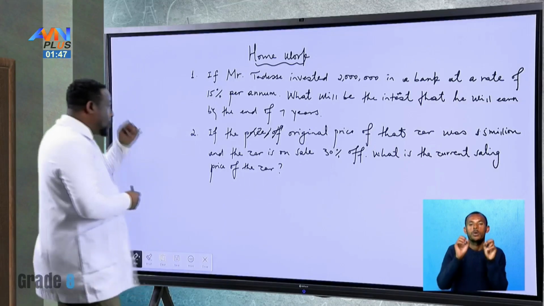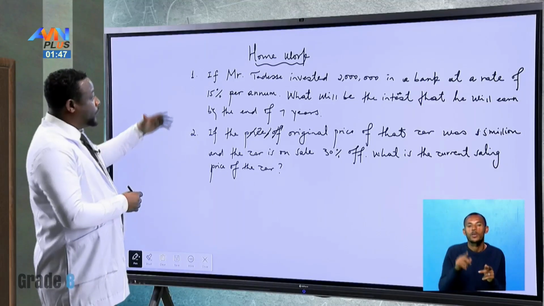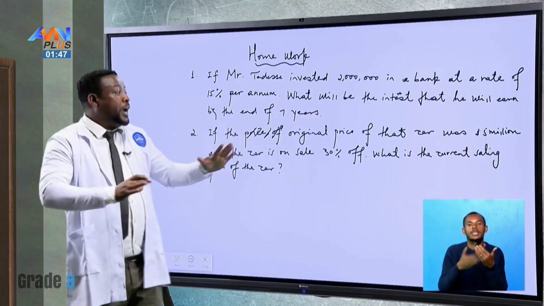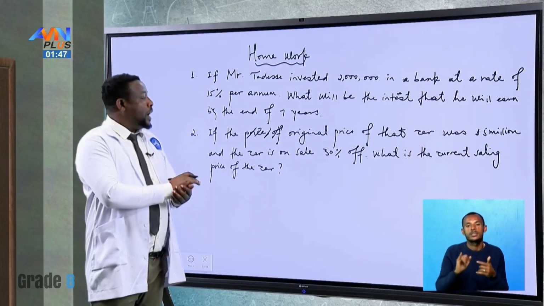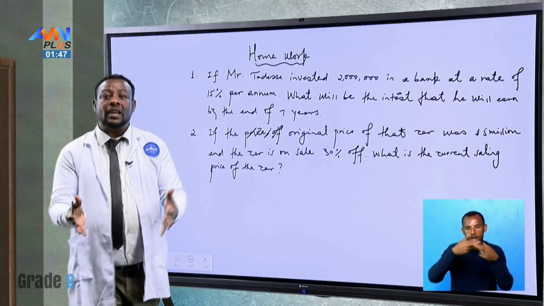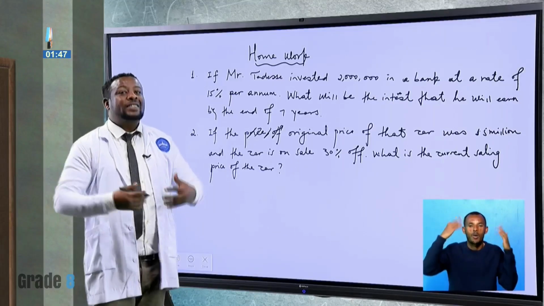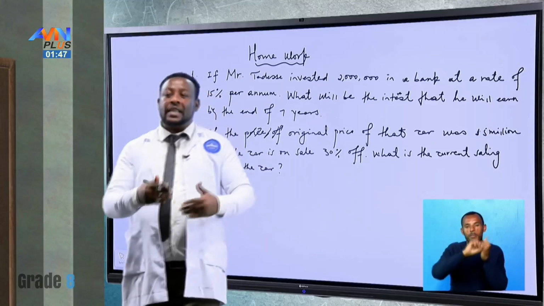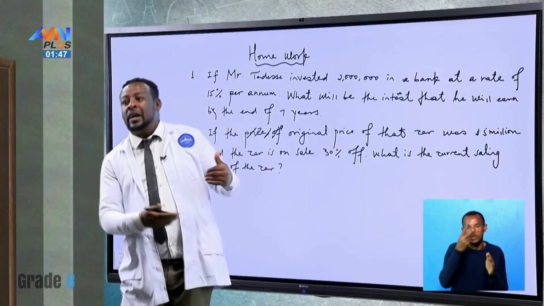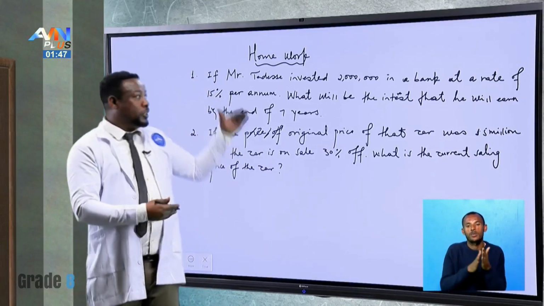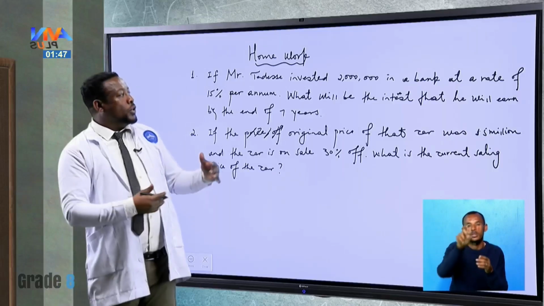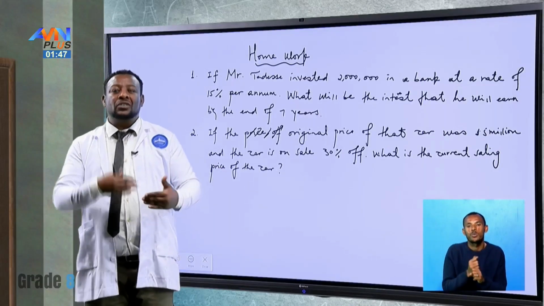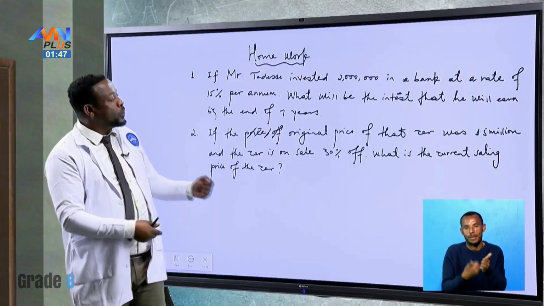Okay, so you'll have these two homework. The first one is about simple interest, and the second one is about problems related with discount. I hope you got some concept from our previous examples. Based on the examples that we have seen before, I need you to attempt these two questions. Don't forget to properly show all the steps that are required to obtain the required answer.